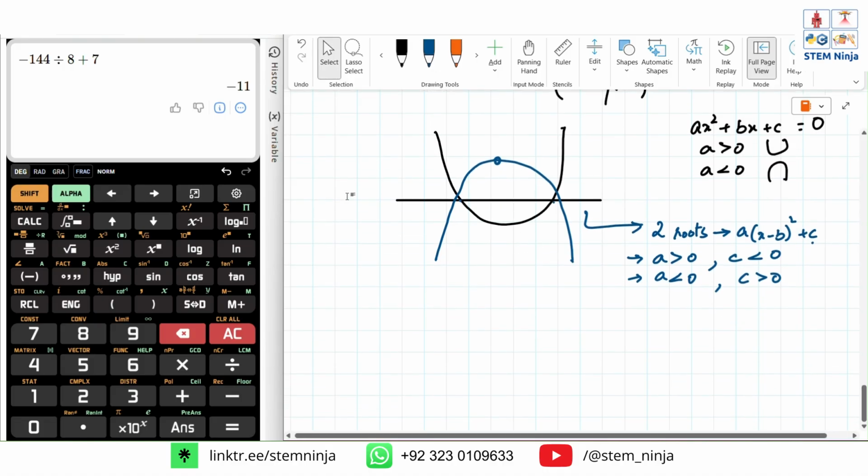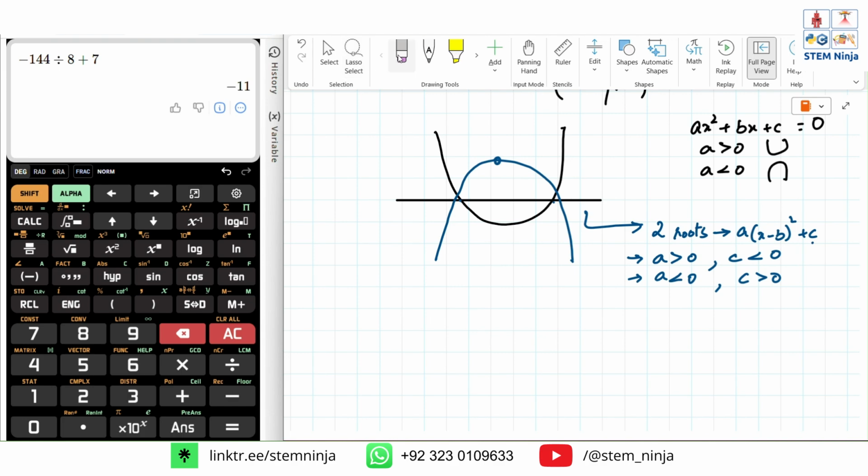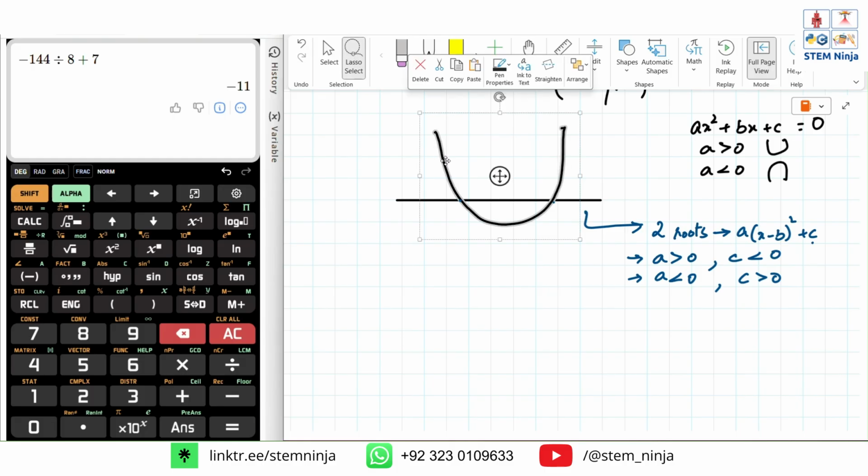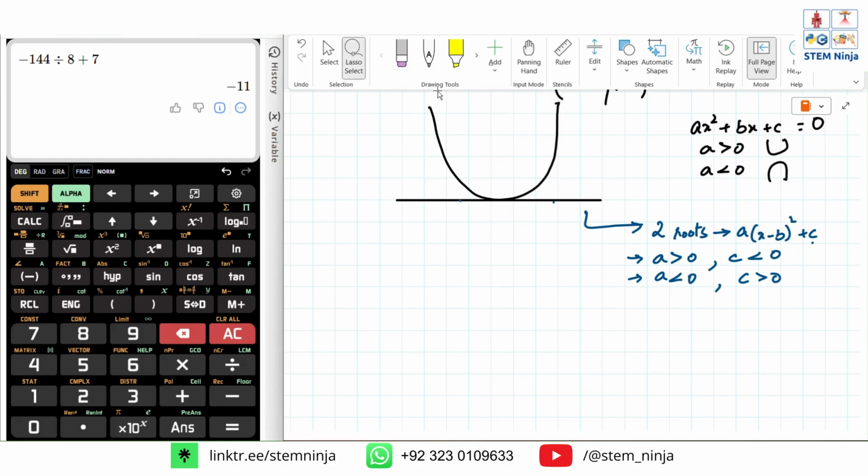Similarly, if we modify this for a single root, the c term would be 0. That means this would be a form of a perfect square.